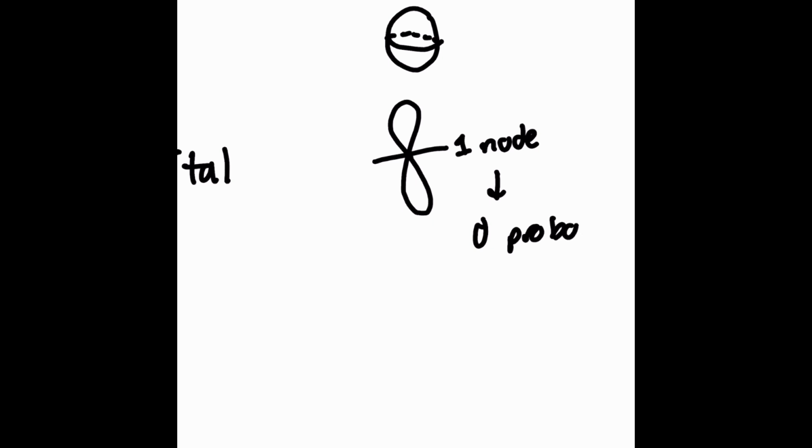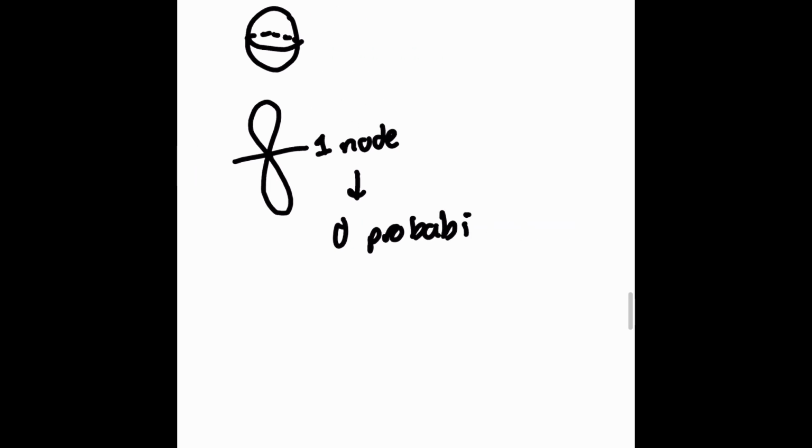We know our p orbitals look kind of like dumbbells, starting with at least one node, where a node is essentially a 0% chance or probability of finding an electron.